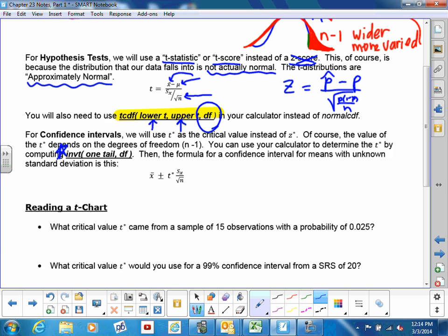It's the degrees of freedom, because this tells the calculator which curve to calculate off of. Since you are not calculating off of the perfectly normal curve, the degrees of freedom tells the calculator which t-distribution to compute off of. That's why we have to include that in our parentheses.